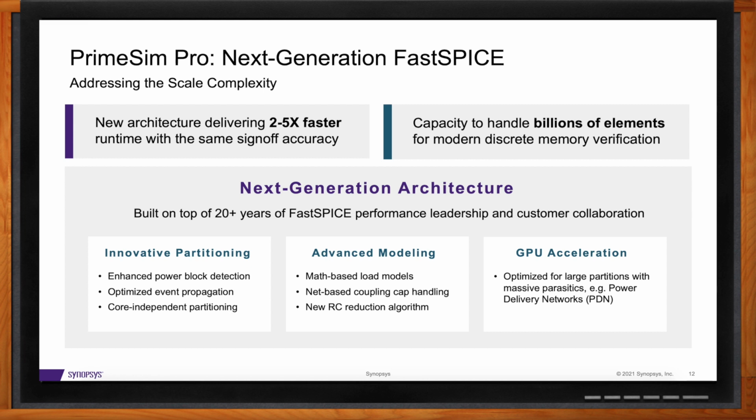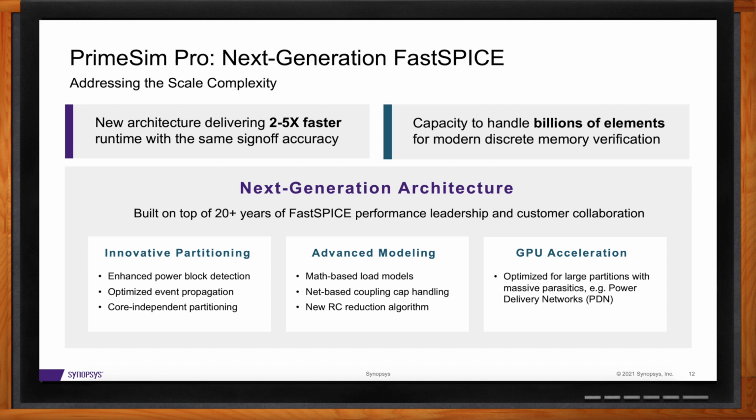We can solve this huge network on the GPU at the same time as, for example, simulating the memory array. So we can actually solve problems that were not possible before, simulating a full memory with the power delivery network, running the memory array on the CPU and the PDN on the GPU, achieving 5 times faster runtime.